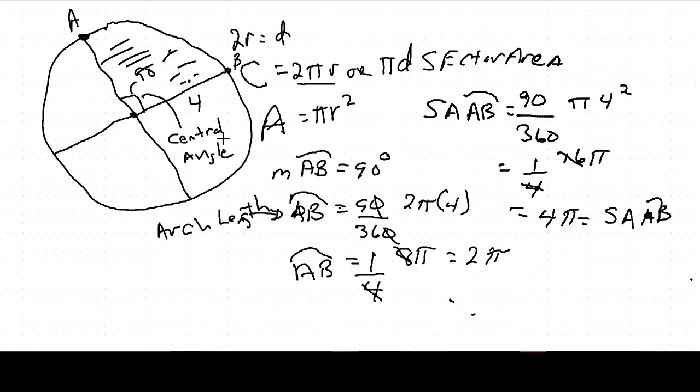So arc length has to do with circumference, and sector area has to do with the area equation. So let's do a couple of these, and then I'll let you write on the board. You can do the math, and I'll just set up the problem.